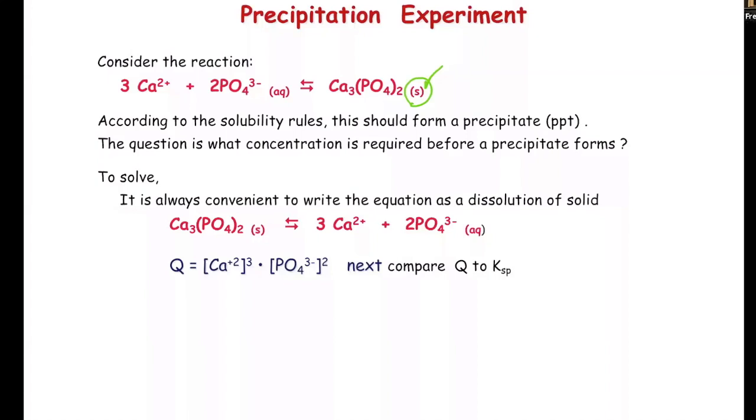Calcium phosphate goes to 3 calcium and 2 phosphate. And the question is, if we have certain concentrations of the calcium and the phosphate, will it all dissolve or will we see a precipitate, depending on how much we have?